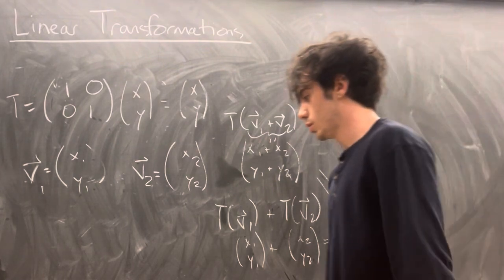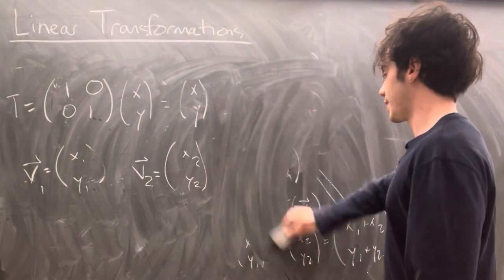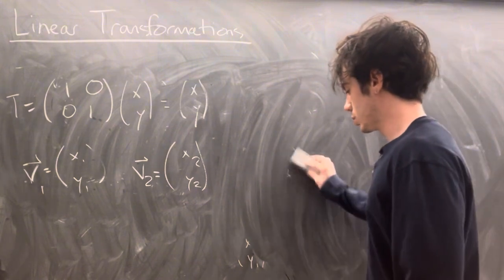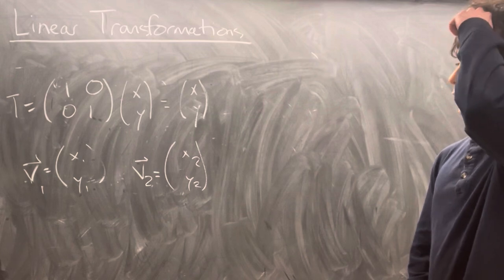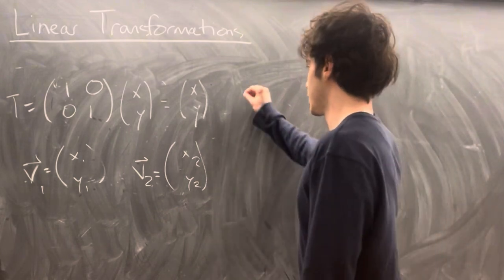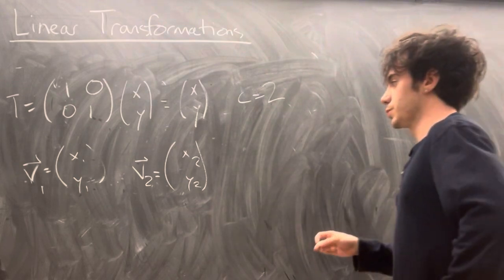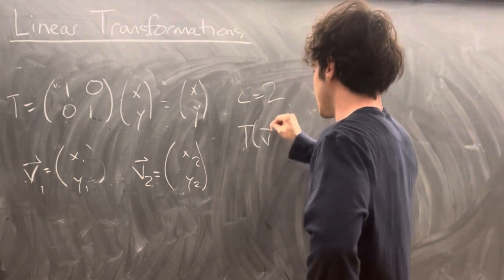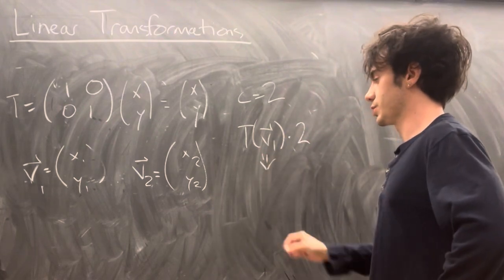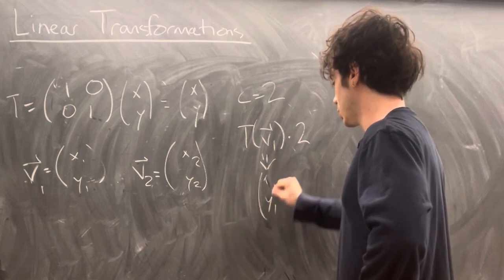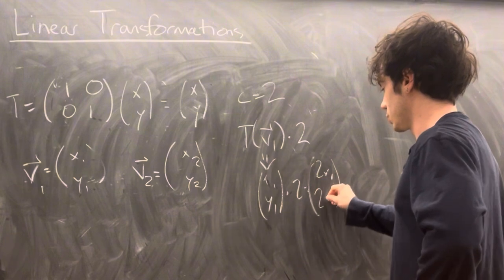So now all we have to check is the multiplication, see if that holds. And of course it should, but we just want to show it. So what we're going to do is take, say, c v1 with c equal to 2. T(v1) is just going to give us (x1, y1) as before, and times 2 gives us (2x1, 2y1).